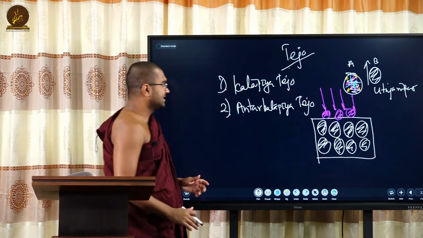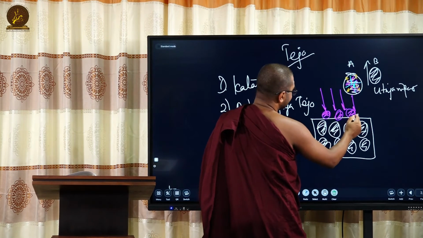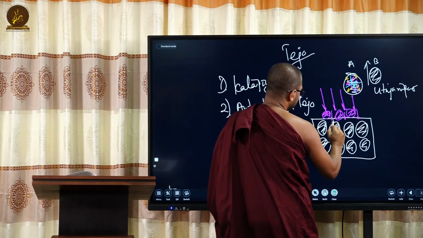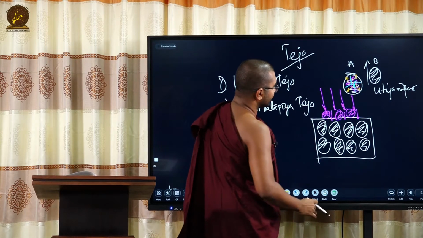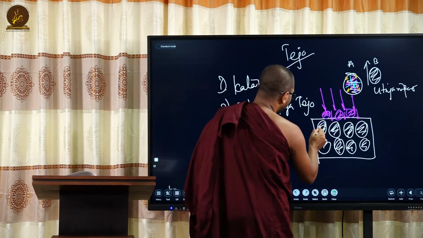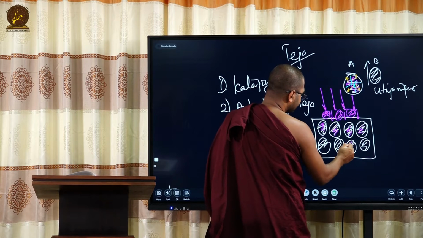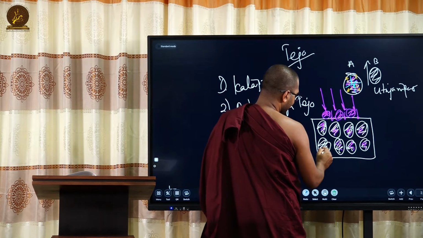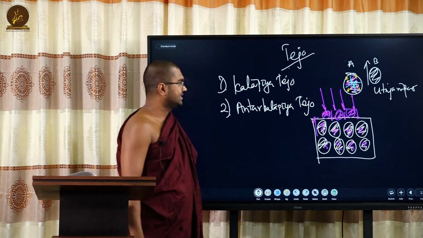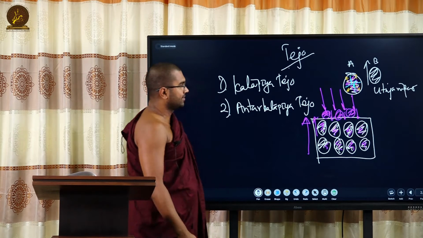So according to that explanation, when rupa kalapas with tejo strike at these kalapas, or either physically strike or come closer, whatever it is, the amount of tejo in these kalapas increases, collectively, as a body.